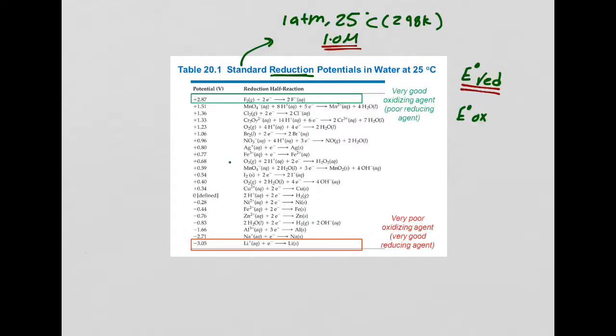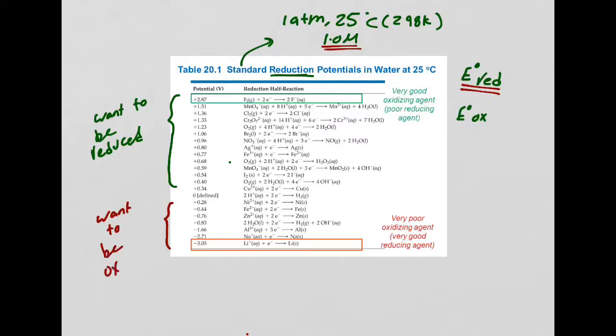These guys on top, they want to be reduced. They like to be reduced, okay? Now, how about the guys over here? The guys over here, they want to be oxidized. And you can see it because over here, we would have to flip the sign. If you flip the sign, these are all negative, these are all positive, okay?